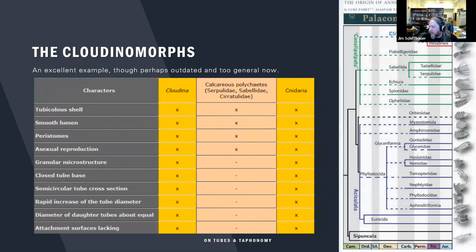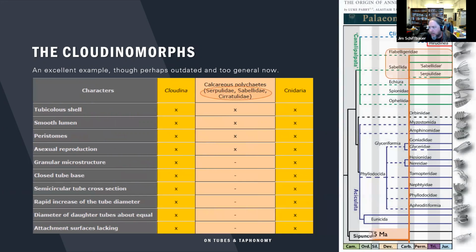But I think that some of the more recent work, by Luke Parry, only a couple of years after the Vinn and Zaton paper, in 2014, highlighted the evolution of the annelids quite well, in both what we know, as shown here in the solid lines, the known fossil record of these groups, and then the presumed molecular divergence times in the dashed lines.